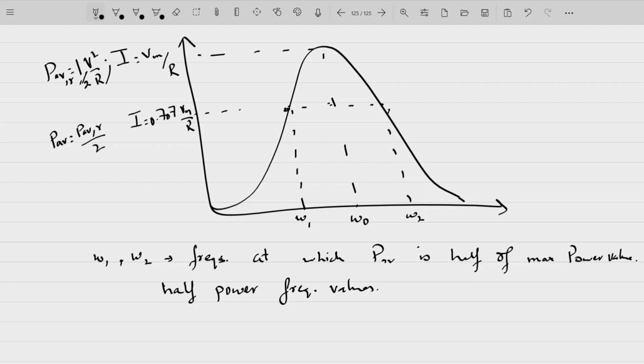And the difference between these two, omega 2 minus omega 1, is represented by a term B. It is simply known as the bandwidth. So if you are talking about bandwidth in the series RLC circuit, it simply refers to the difference between the half power frequency values.